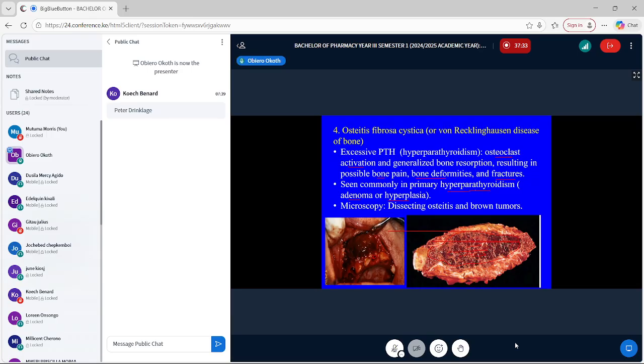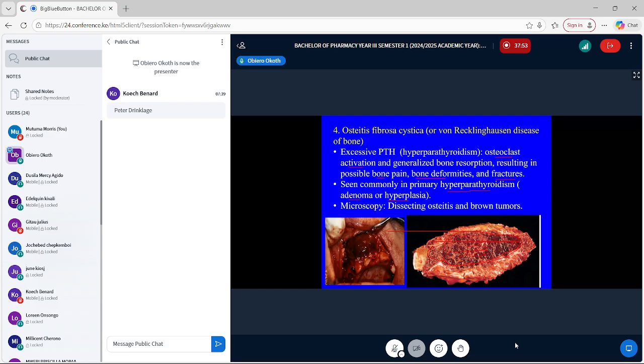This is normally seen with excess parathyroid hormone from a disorder, either an adenoma or hyperplasia of the parathyroid gland. Osteitis fibrosa cystica. We are calling it cystica because there is formation of a hemorrhagic cyst.